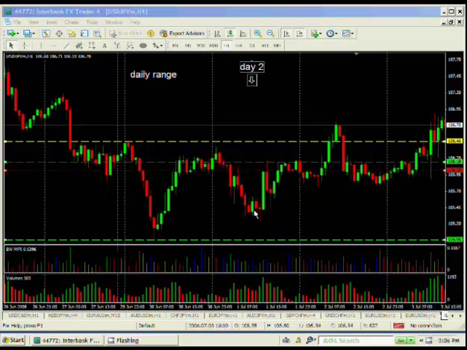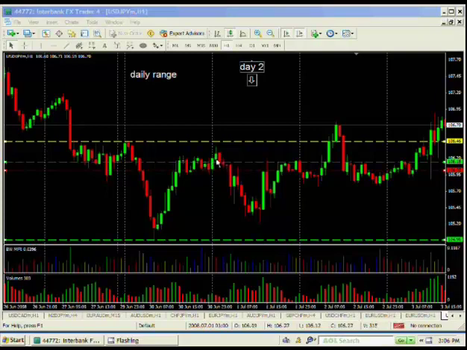Now if we look and see what happened according to the prior day's range for our day 2, we see that we opened right at the prior day's close, and we first moved up above the prior day's open here, and that would be a buy signal if we have our close above on strength according to our Archimedes principles.